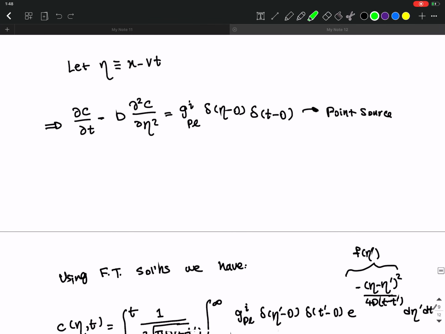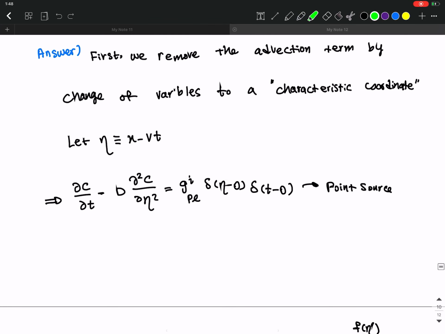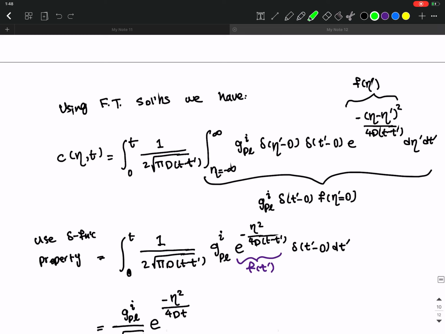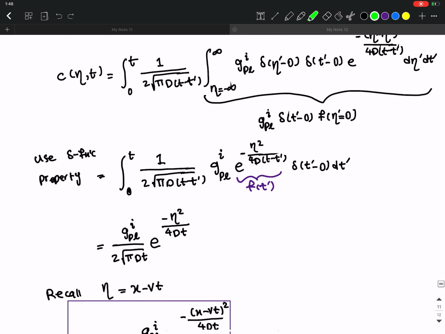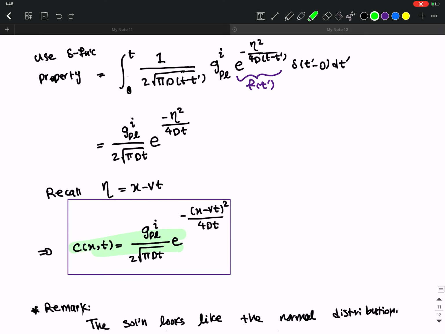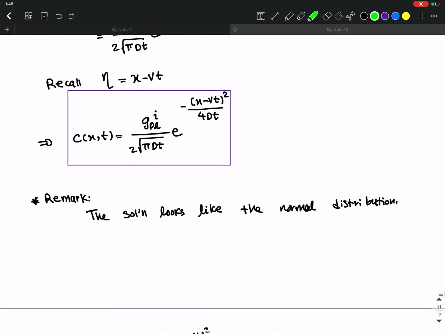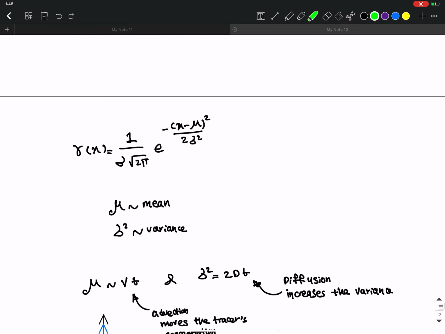Okay, so the new equation in the new reference frame is converted to this equation, which we can now solve using our solution for the complex Fourier transforms, and then we just use the properties of the delta function to get to this solution. So this was the solution for this instantaneous tracer discharge. And if you look at it, this looks like a normal distribution.